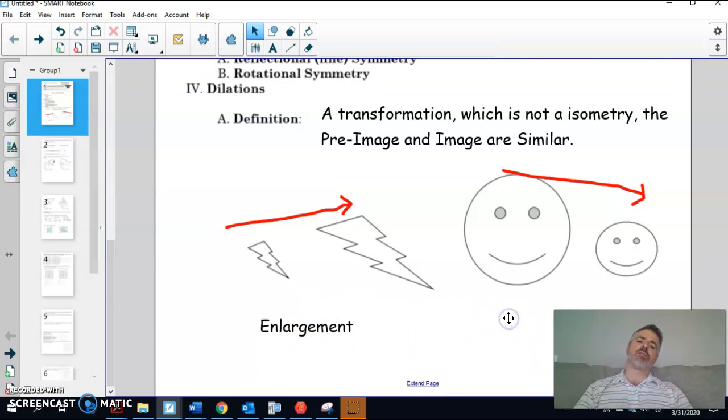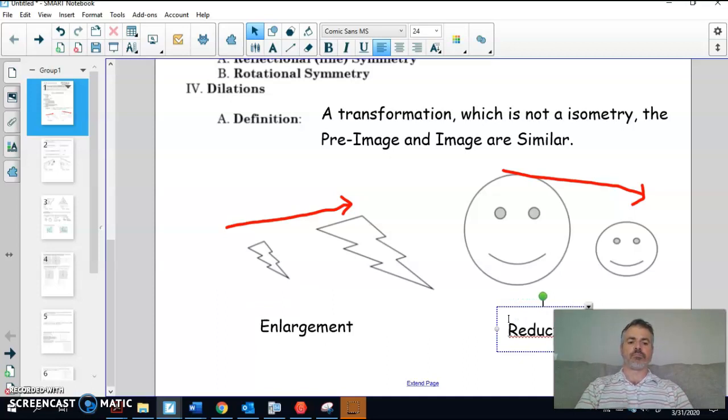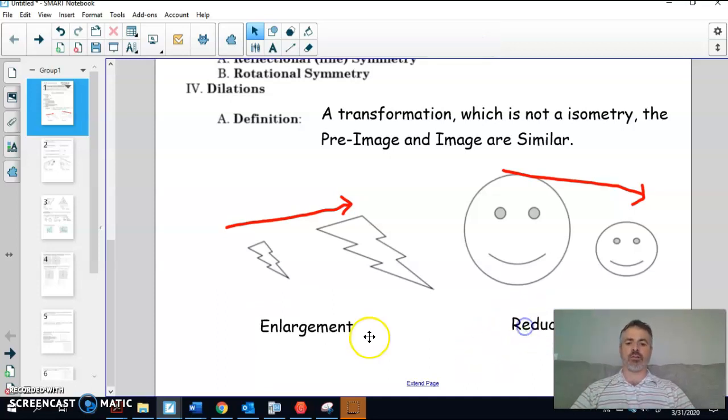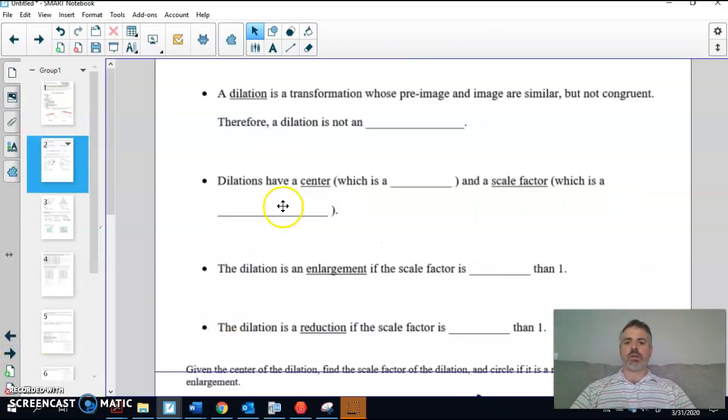Those are the two dilations we're going to look at today, enlargement and reduction. A dilation is a transformation whose pre-image and image are similar and not congruent. That means it's not an isometry.